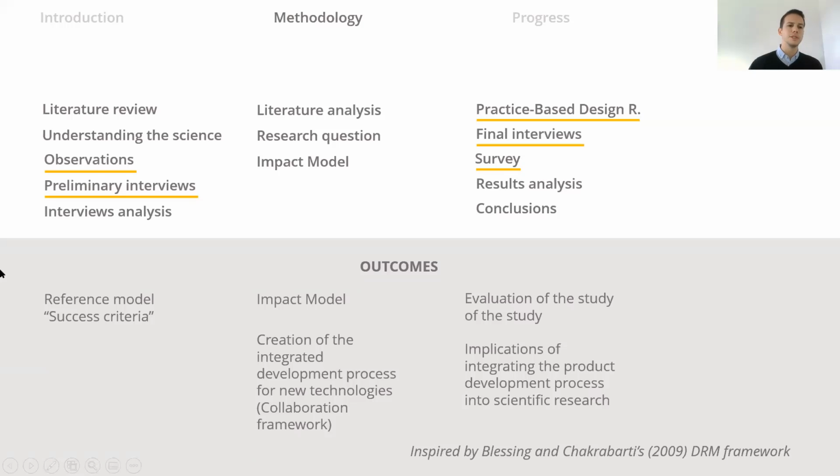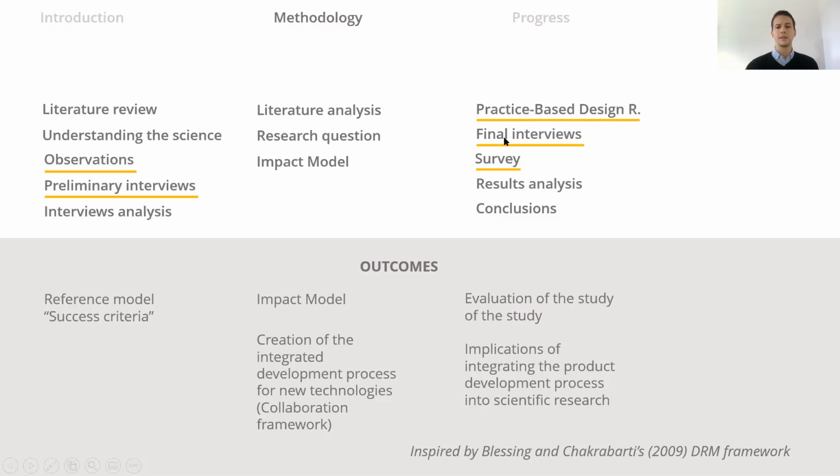This is the methodology that I used. I'm not going to go into detail, but basically I conducted observations and preliminary interviews to create the reference model. And after analyzing it, the impact model was created. Then the framework for the collaboration, and that framework was tested using practice-based design research.